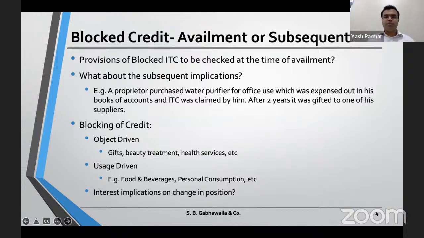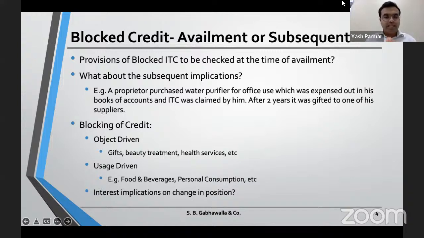Whether the provisions of block credit are to be checked at the time of availment of credit, or subsequently also whenever the use of the product or services is changing, at that point in time also again these provisions are to be referred. So in our view, provisions of block credit, provisions of section 17.5, are strictly to be reviewed or interpreted only at the time of availment of credit.